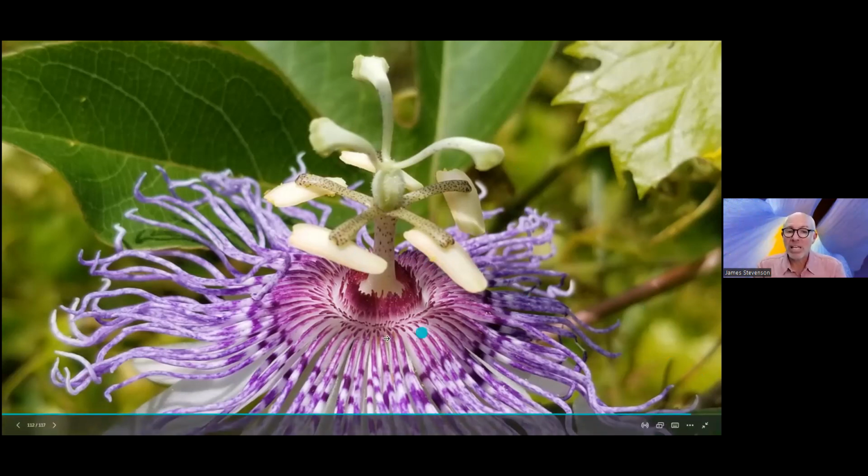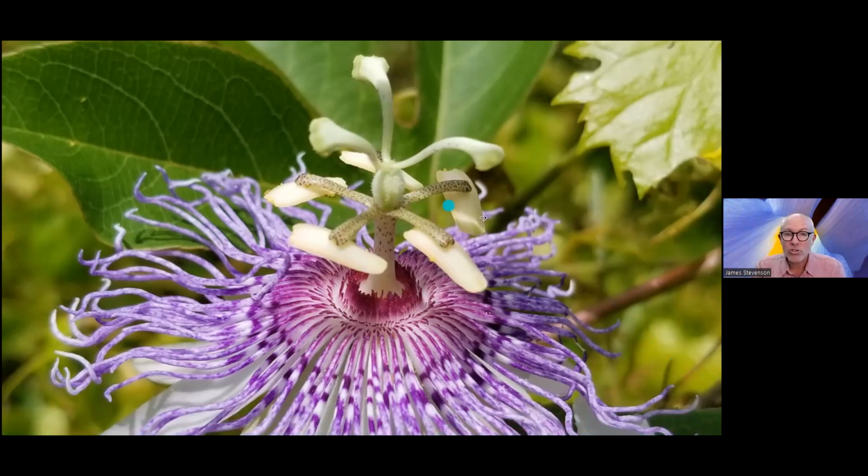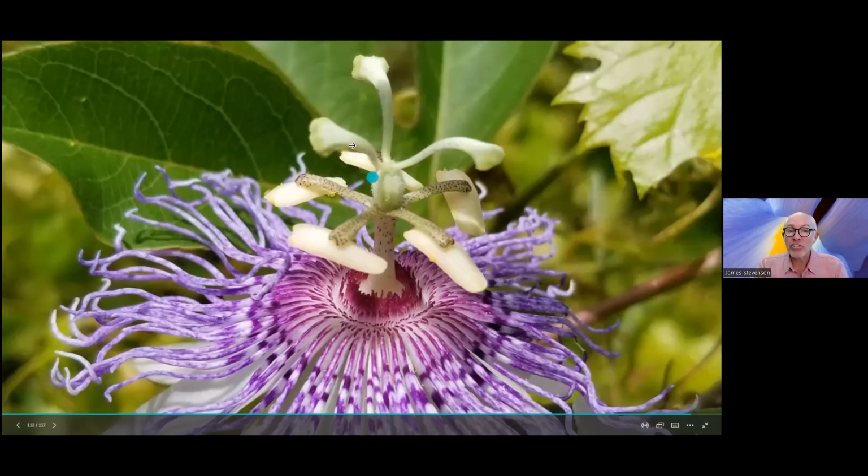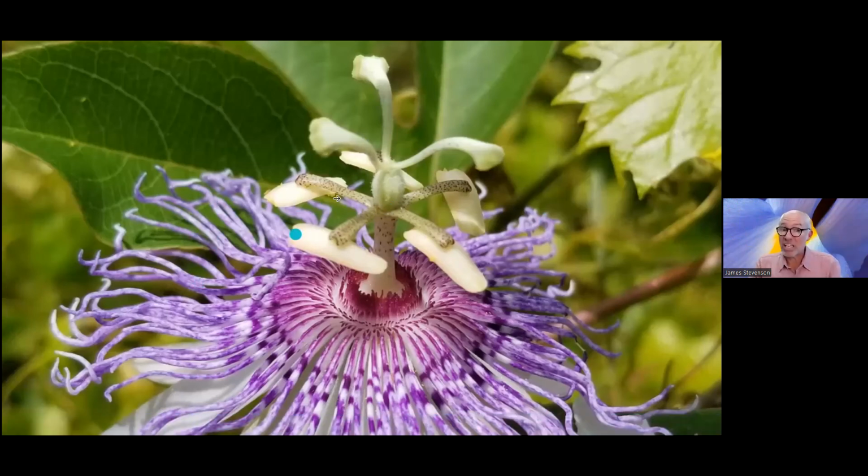When a bee lands on these purple spaghetti, and starts walking around, its back gets dusted like a shoe brush with the pollen. And on the first day, when the pollen is being shed, these sticky stigmas are way up here out of the way because they don't want to get their own pollen on them.